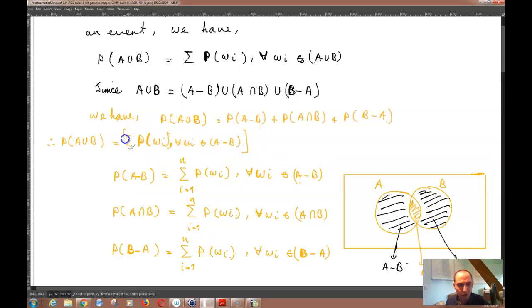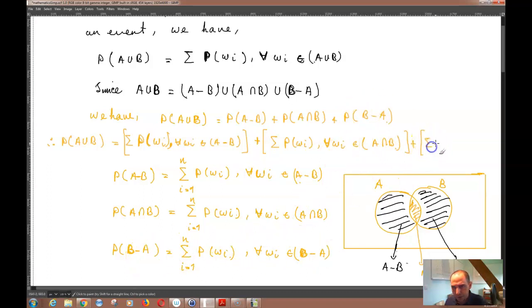So that is basically one part. And I need to add to that P of A intersection B. P of A intersection B is basically then sigma of P of omega of I for all omega of I belonging to the set A intersection B. And I need to add to that P of B minus A, which is this thing over here.